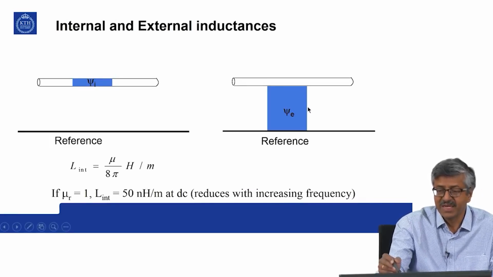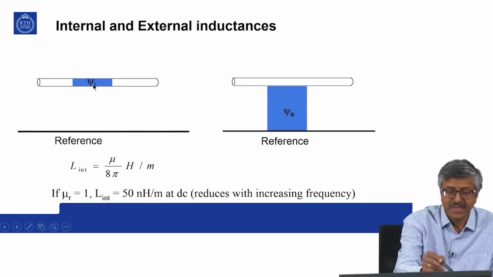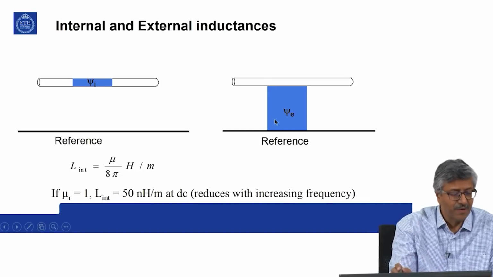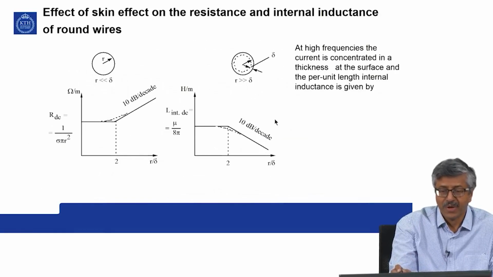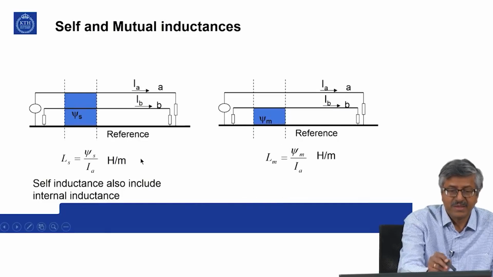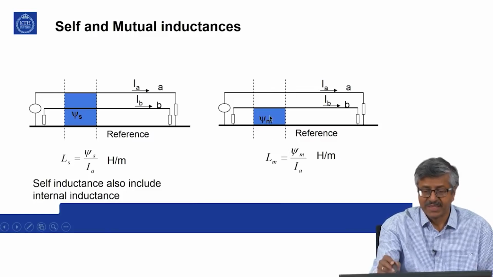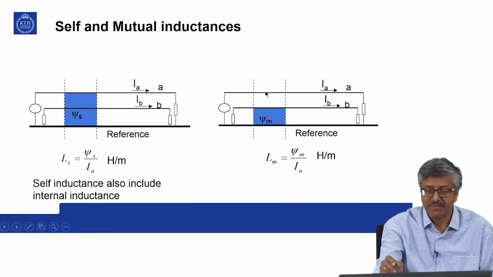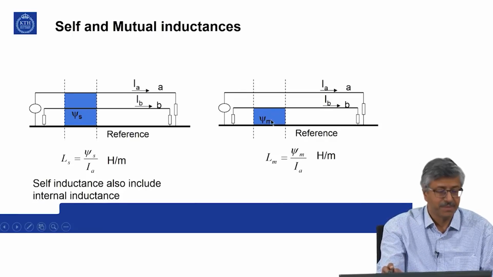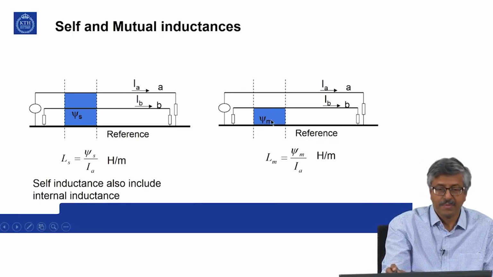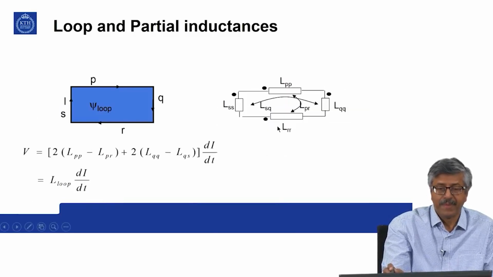So, this external inductance of this wire plus this internal inductance together will form the self inductance, and this is mutual inductance, interaction of the current in one circuit with the other circuit. So, this is mutual inductance.